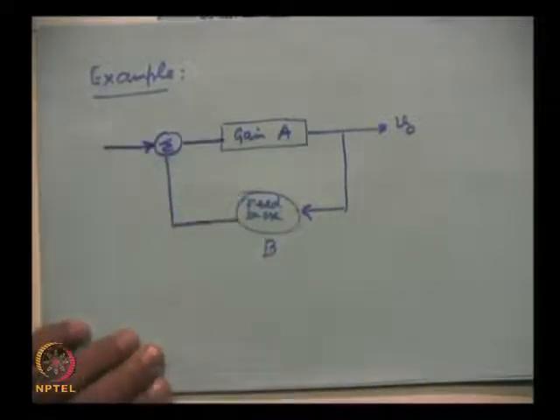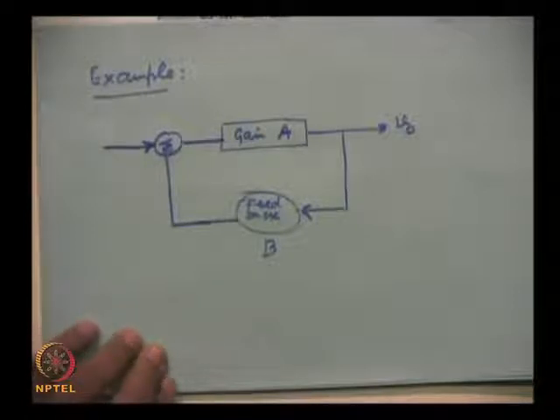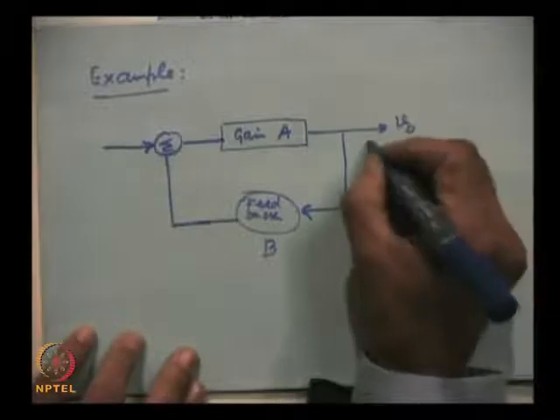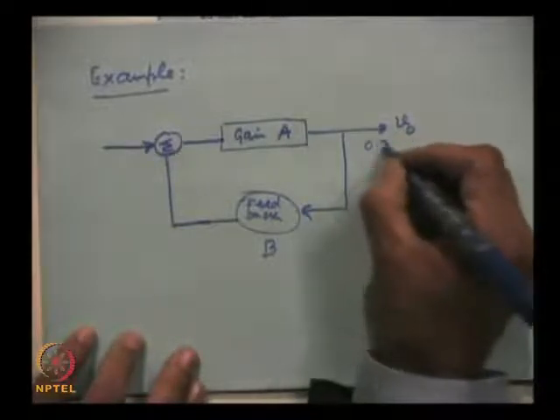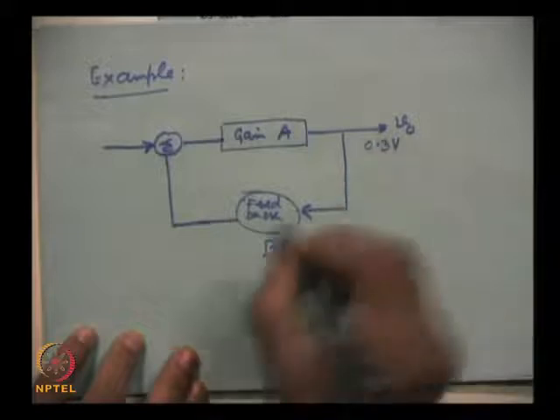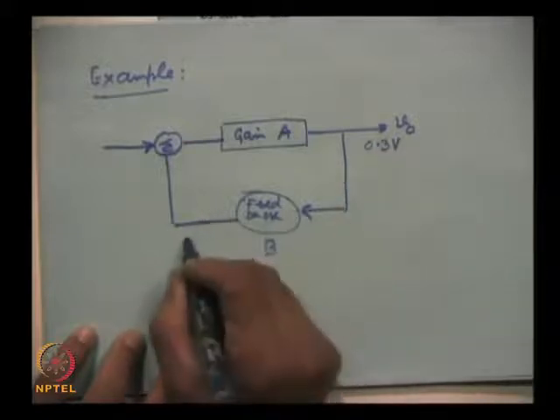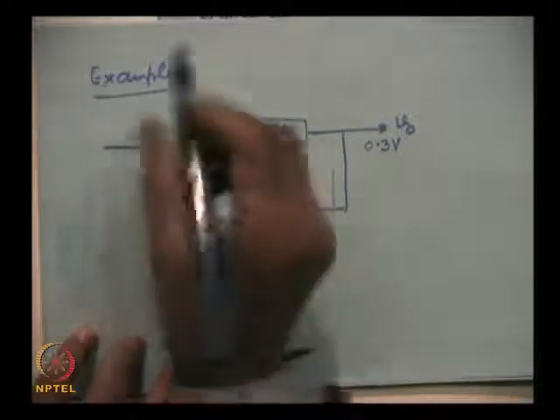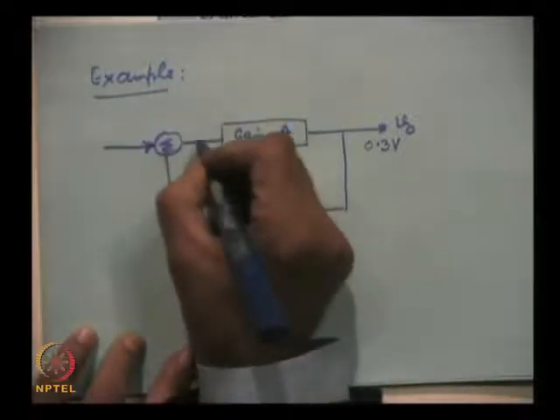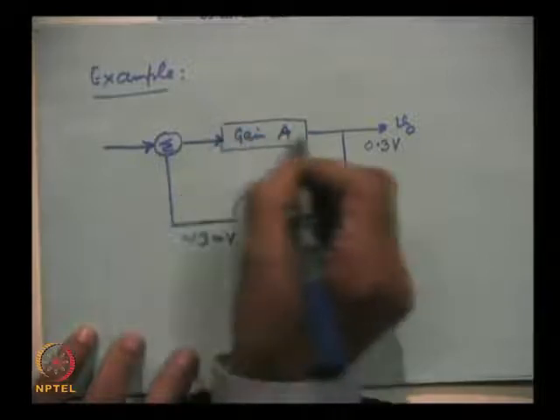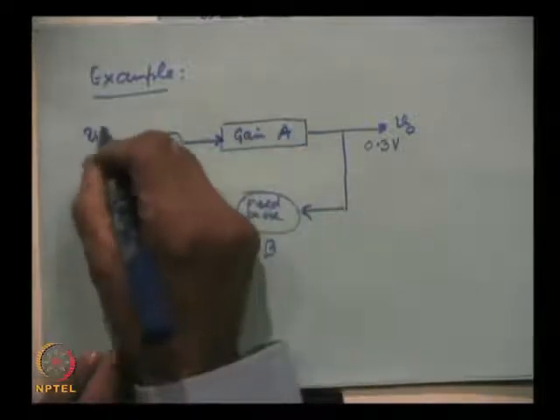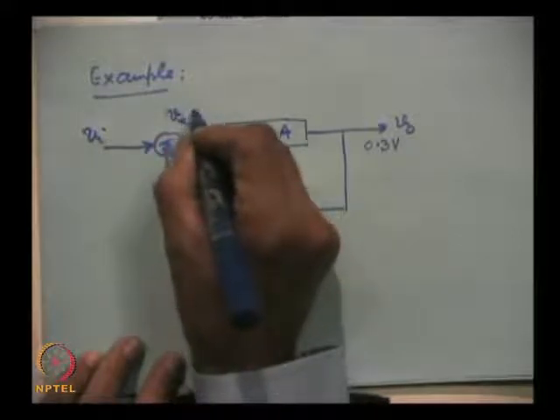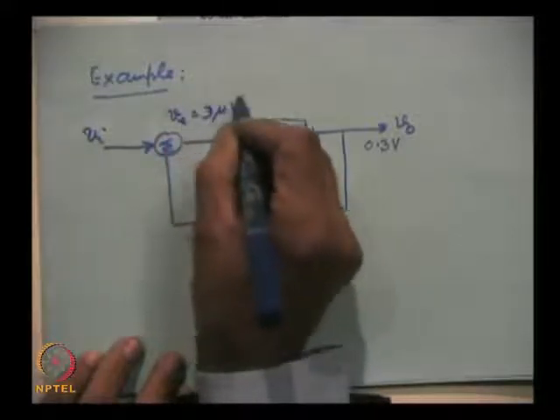Now, I assign the values. This is, for example, 0.3 volts, and this is around 3 millivolts, and this error signal which is going to the main amplifier, Vi, the error signal Ve, is 3 microvolts.